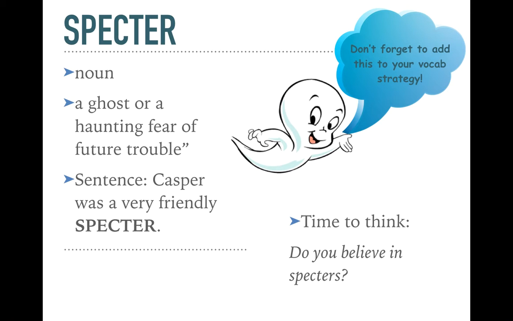So there's a ghost that haunts the chapel. And you could also, of course, use this as a haunting fear of future trouble. So after hail destroyed the corn crop, the specter of famine loomed over the village. So the fear of future trouble loomed over the village. And just as a reflection, a time to think, do you believe in specters? Do you believe in ghosts?